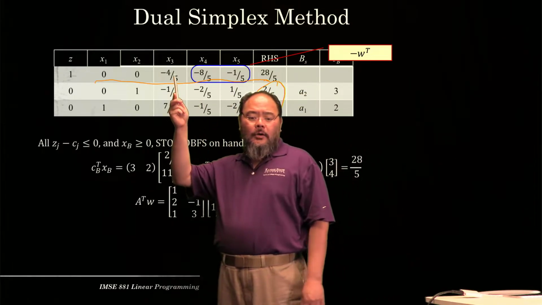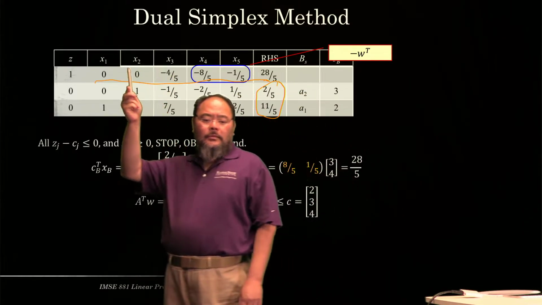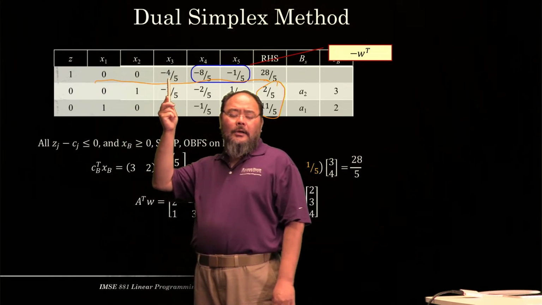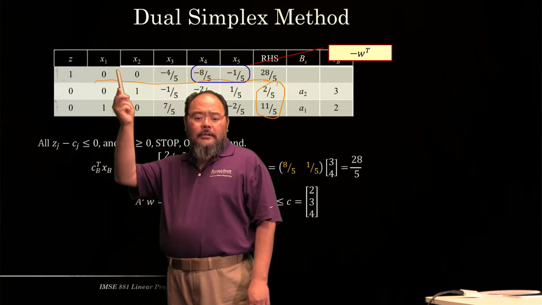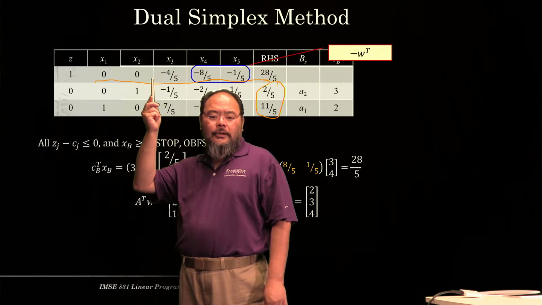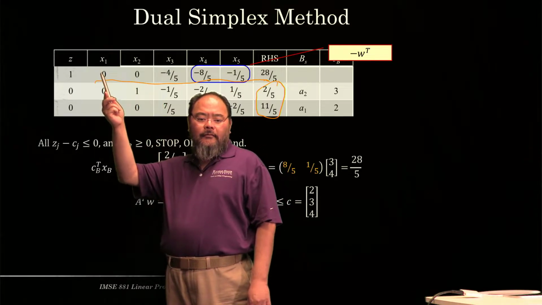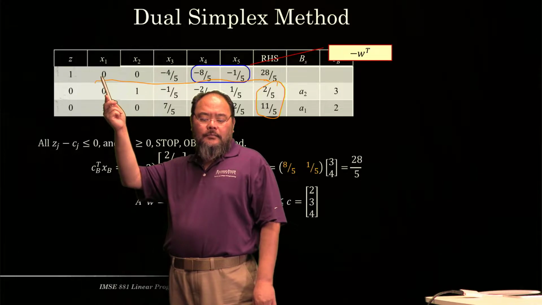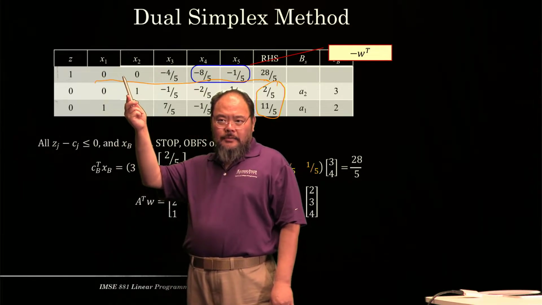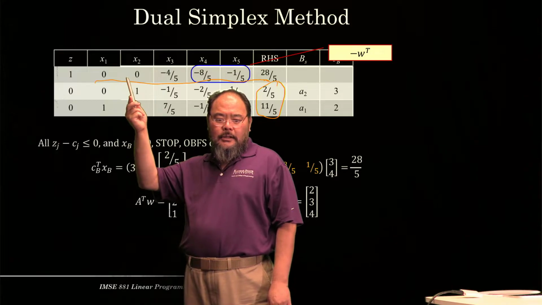Also, from the original variables x1, x2, and x3, we know that x1, x2, x3 are primal variables, but they correspond to their dual constraints. So for the first dual constraint, the entry is 0, which means the first dual constraint is tight, so A transpose times omega equals c.